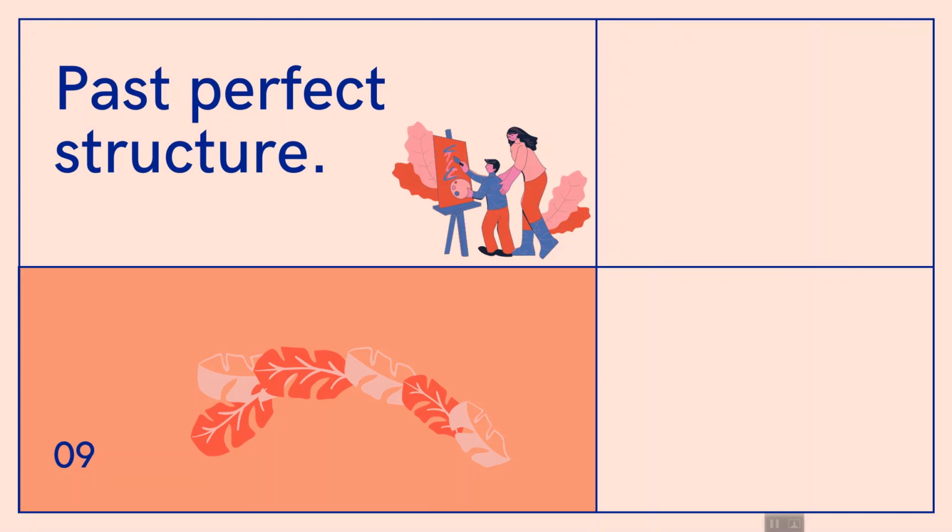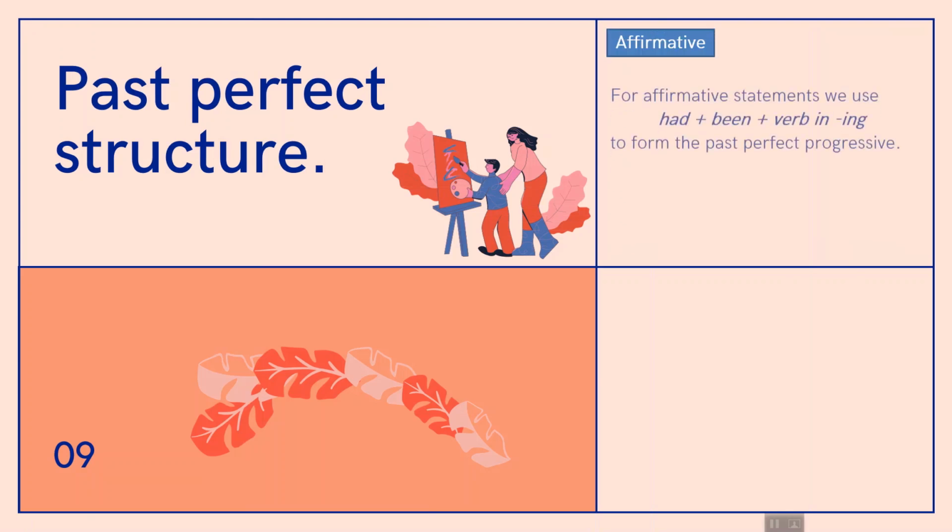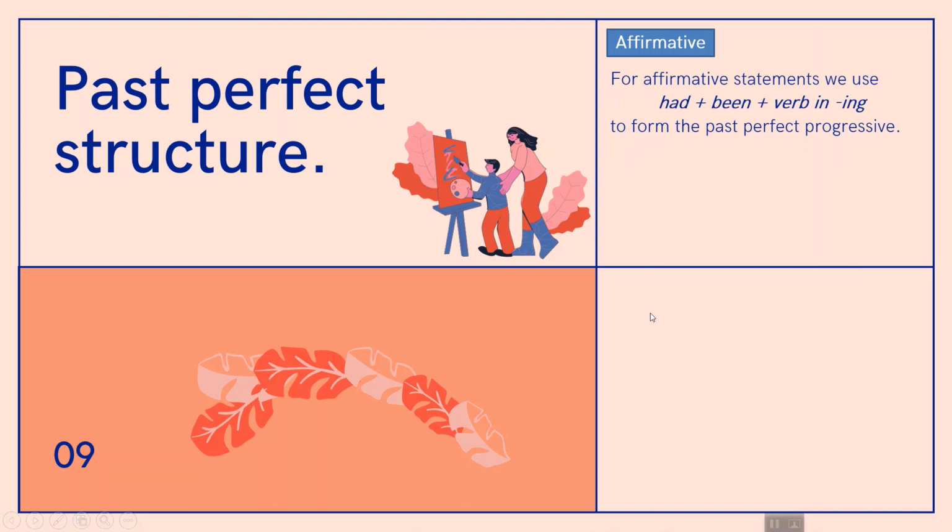Okay, so I want to talk about the past perfect progressive structure. In the affirmative, we can use the auxiliary had plus been, very important, plus the verb in ing form. And I have here an example. Annie had a British accent. Why?